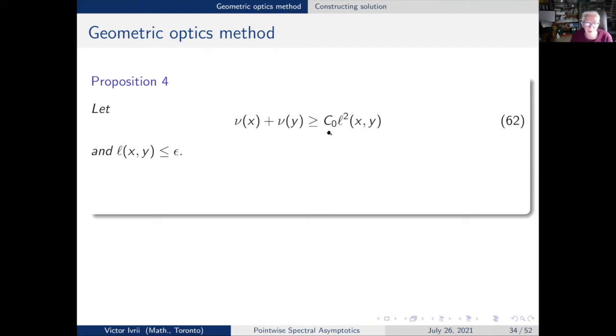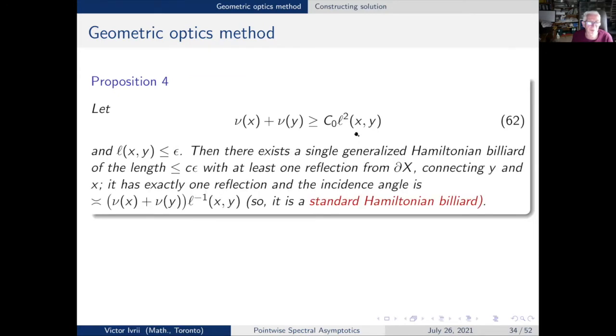If we have these assumptions, and L, then there exists a single generalized Hamiltonian billiard of the length; there would be just one Hamiltonian billiard connecting x and y. It has exactly one reflection at the end like this. Well, when I say from X to Y and from Y to X, it's actually a bit different billiard.